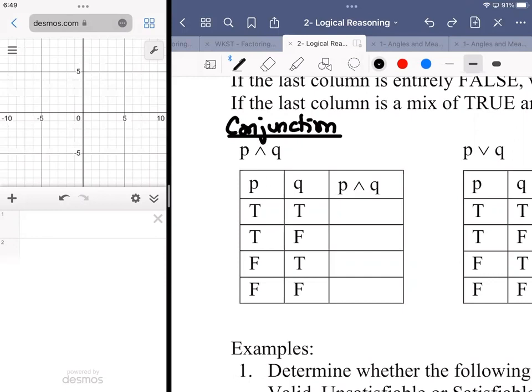So if P represents the event that I'm wearing a red shirt, and Q is the event that I'm wearing blue shorts. It could be true that I'm wearing a red shirt and blue shorts. It could be true that I'm wearing a red shirt, but false that I'm wearing the blue shorts.